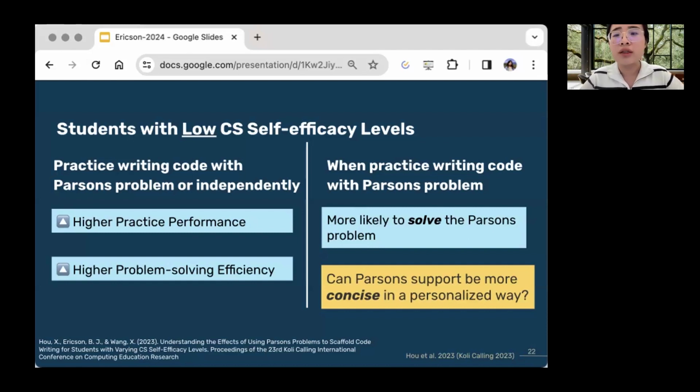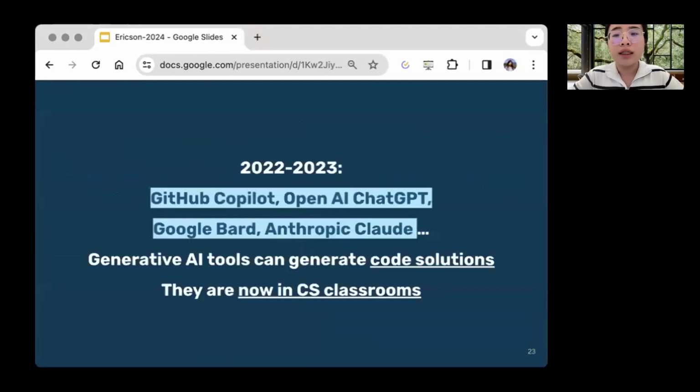So this made us think that in this case, providing a fully movable Parsons problem as support might be redundant to them. Alternatively, they might benefit from a more concise support as needed, which aligns with their preference for more self-contained problem solving. These studies were conducted before the availability of ChatGPT.